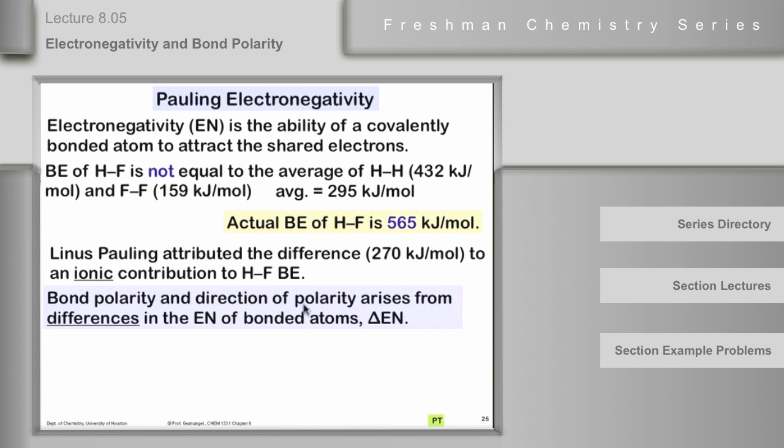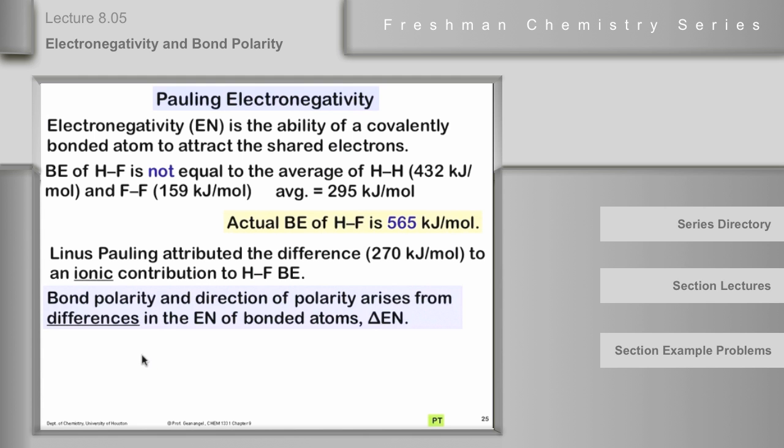The direction of the polarity, of course, is determined by which atom has the higher Pauling electronegativity. And the magnitude of the electronegativity difference is a sort of direct link to how much ionic character there is going to be.